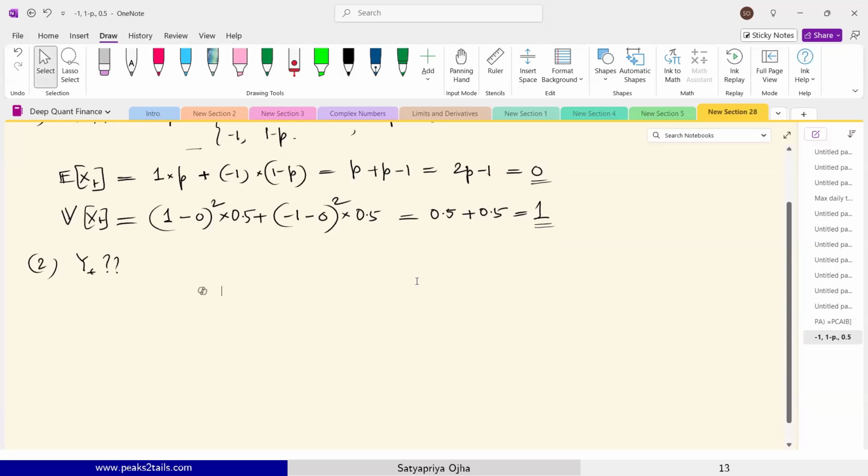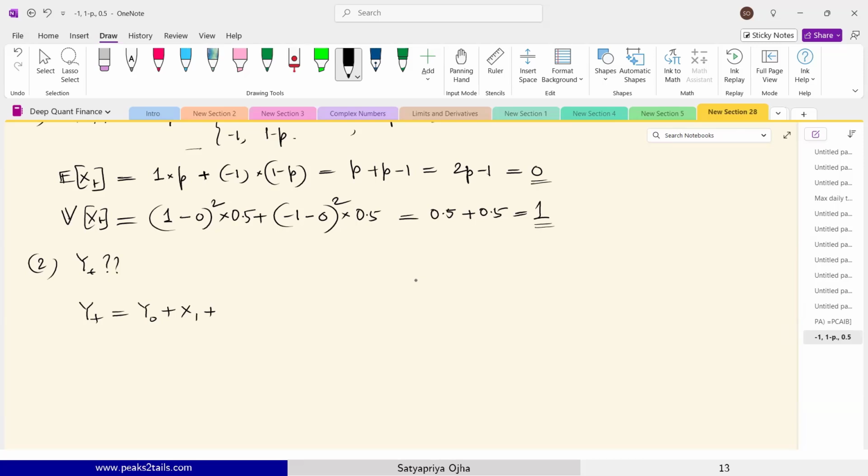So how do I go about it? I can write yt as y0 plus x1, x2, and so on till xt. That is what y is, sum of steps, increments. Starting with the initial value, you keep adding all the increments.